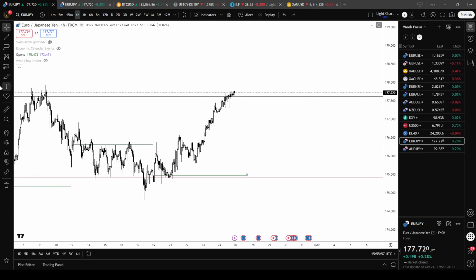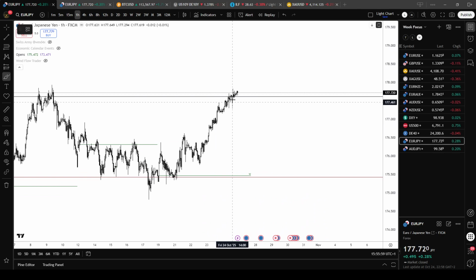But yeah, I think you want to take into consideration the filling the gap idea and therefore short EURJPY.